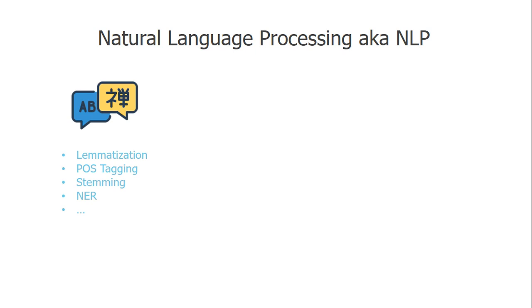NLP stands for Natural Language Processing, and this is a very hard task to perform as natural languages are incredibly complex. NLP helps extracting semantics out of a piece of text and makes use of specific operations such as lemmatization, tokenization, part-of-speech tagging to identify each word and its role in the text.